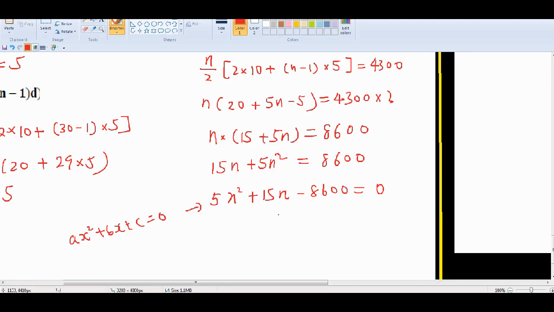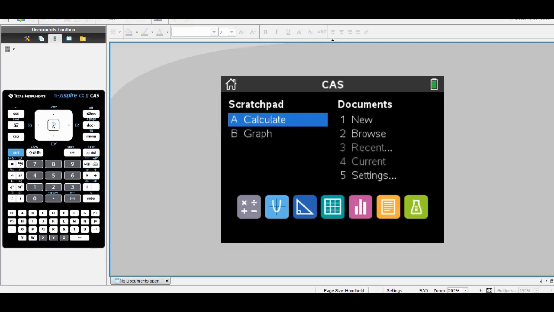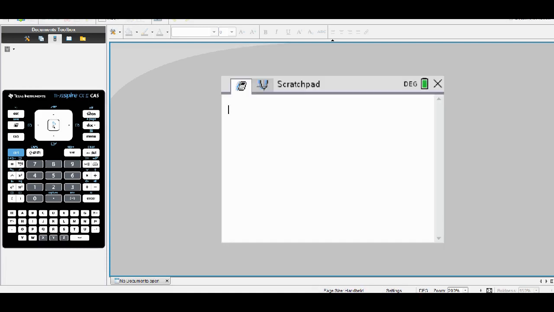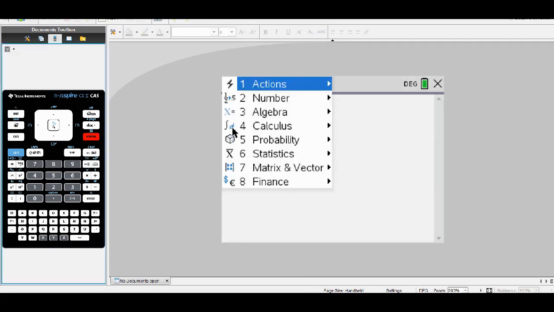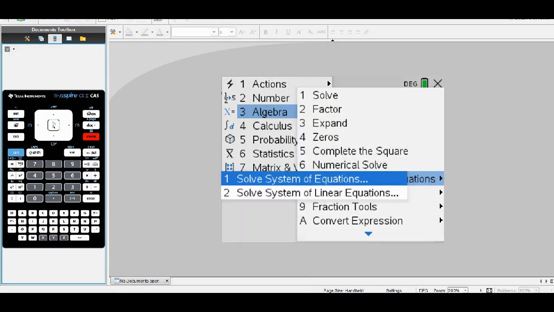Let me show you how to use the calculator. Remember the values now. The coefficient of n squared, normally we call it x squared, is 5, and the others are 15 and minus 8600. Let's use the calculator to check. In your calculator, you find the menu and go to Algebra.